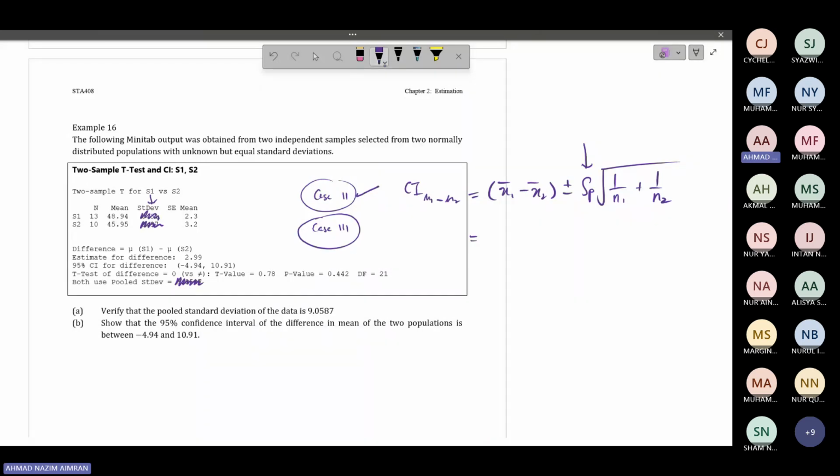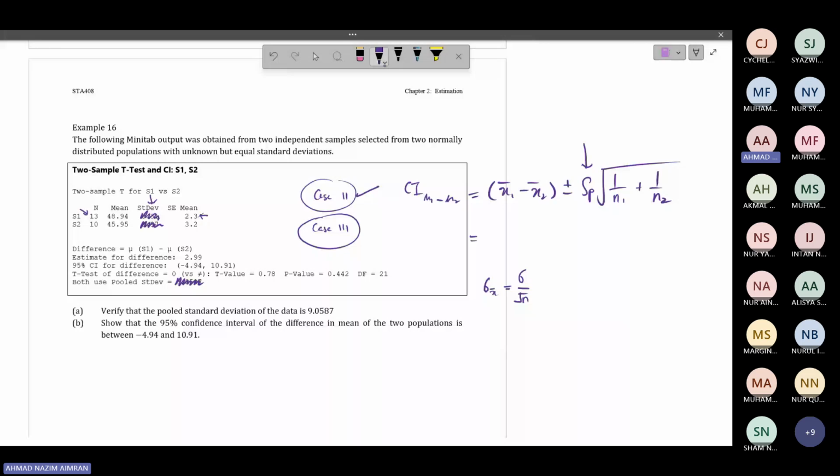By using the standard error mean and also the sample size. Kita tahu kan yang the standard error for the mean is equal to standard deviation over square root of n.